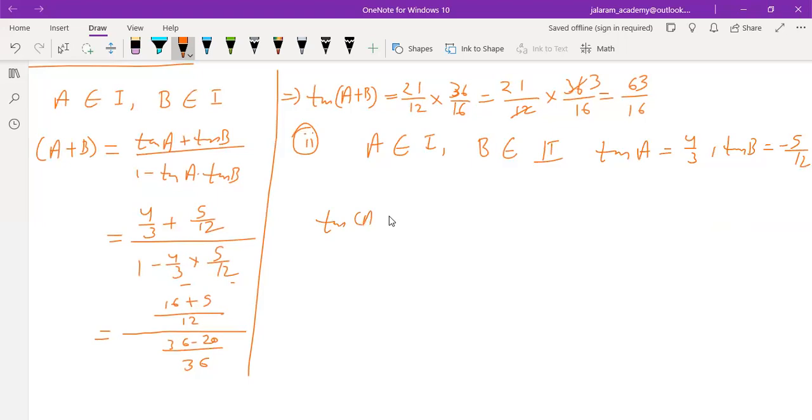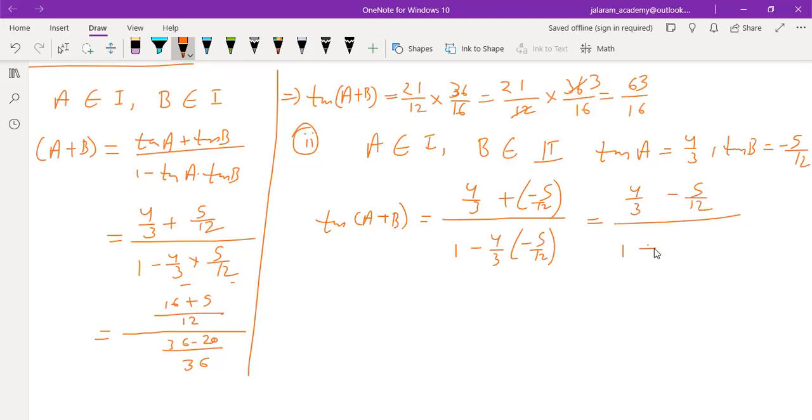So in that case, using the same formula, tan(A+B), we will get tan A plus tan B over 1 minus tan A into tan B. That is 4 by 3 minus 5 by 12 over 1 minus minus, plus, 4 by 3 into 5 by 12.